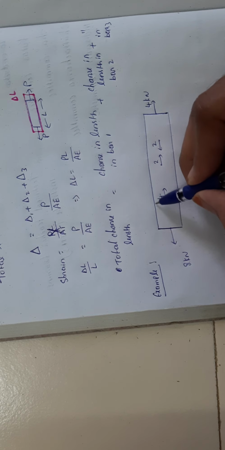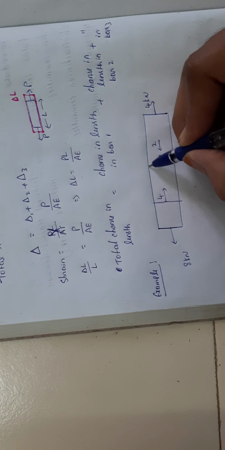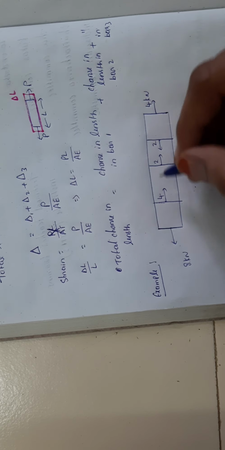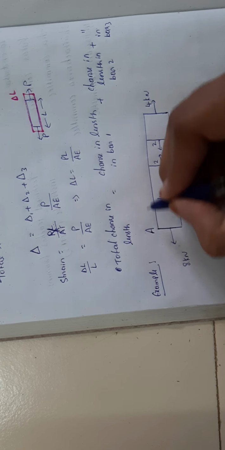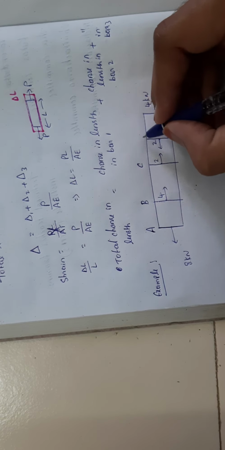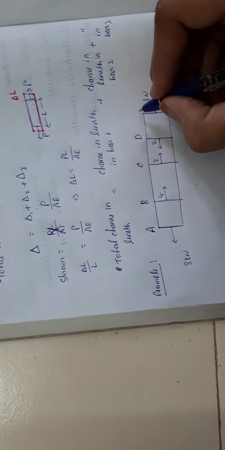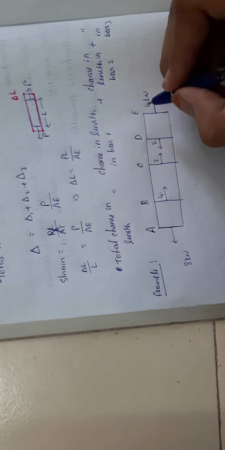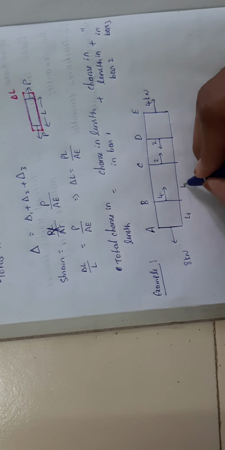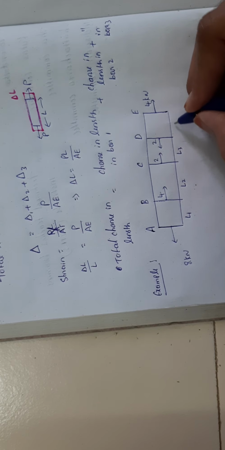Up to here one section, up to here another section, up to here another section, up to here another section. Let's give the names A, B, C, D, E. Let us say the length of section 1 is L1, then L2, L3.